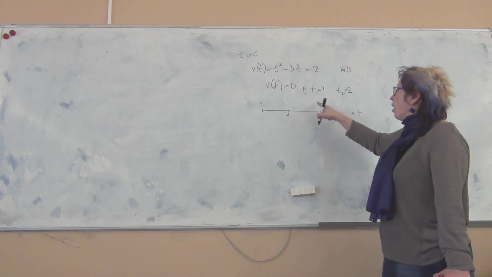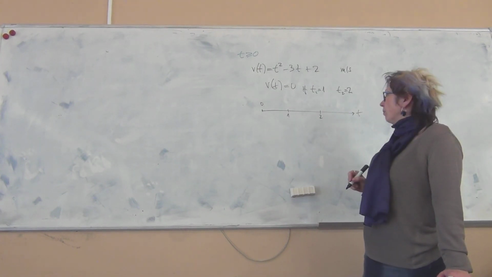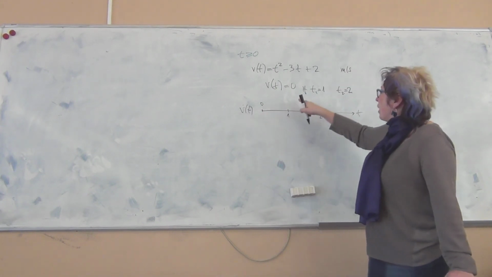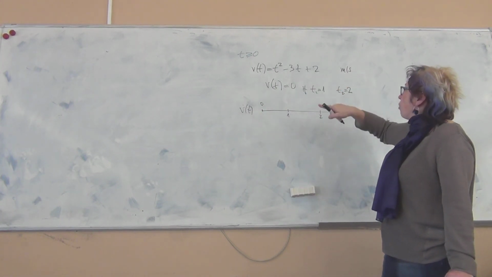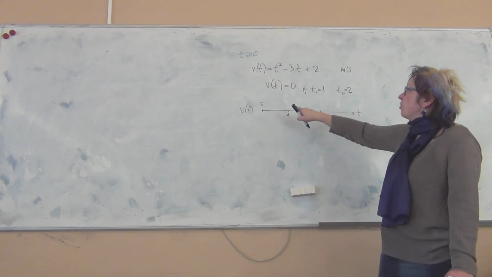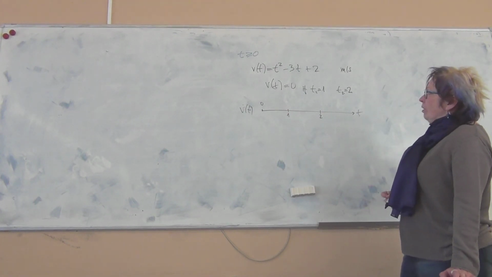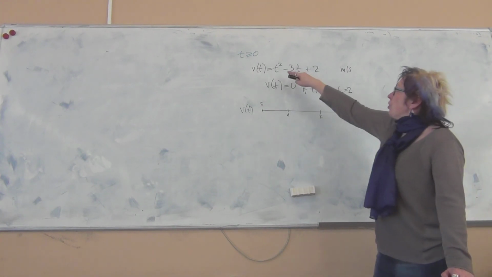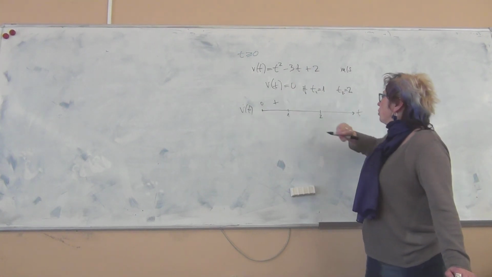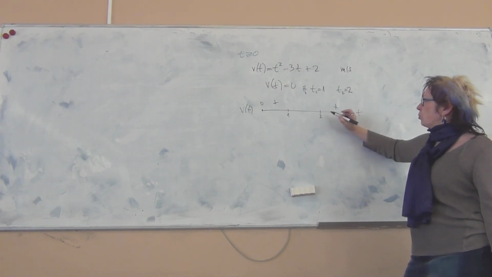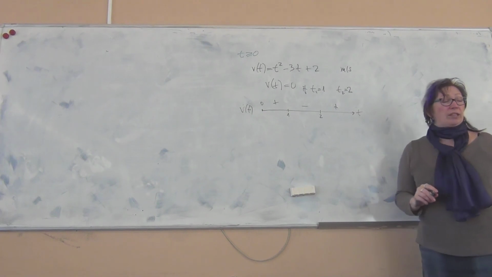Now we have to figure out the signs of the velocity. The sign of velocity, obviously, for very large t values or for t values close to zero. If t values are very close to zero, then the velocity has to be positive, and if the t values are greater than 2, then the velocity is positive, and between 1 and 2 it's negative.